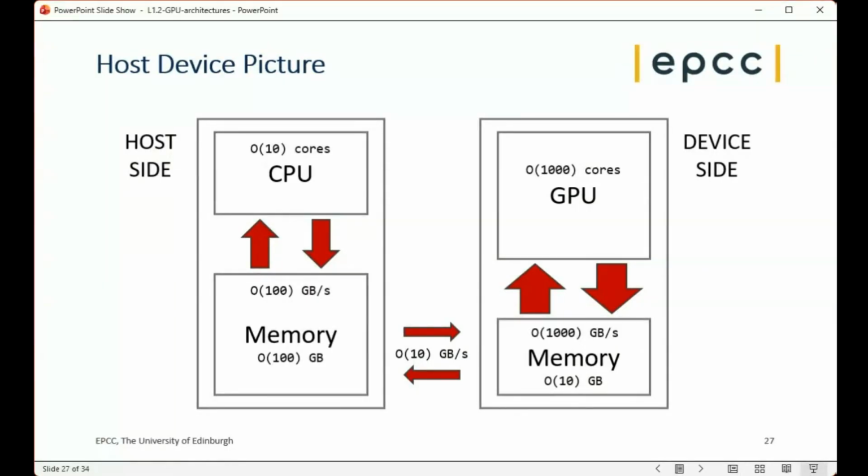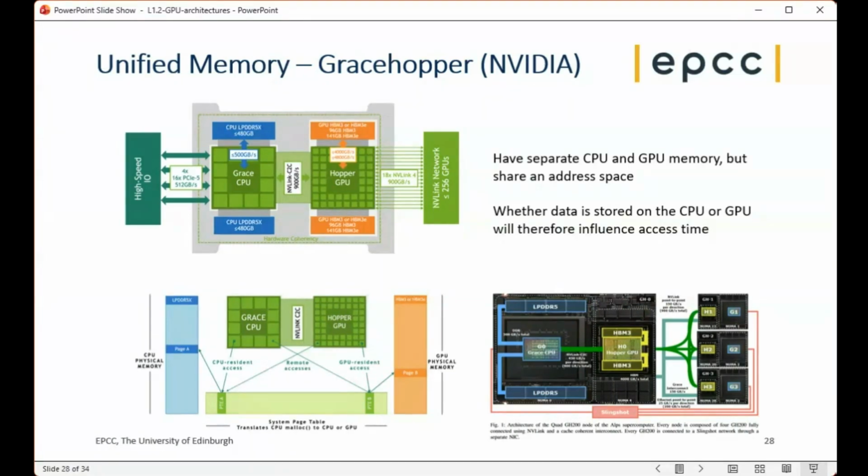Now, modern advances in hardware are improving that picture. The CPU and the GPU are becoming more integrated, and that data transfer is becoming less of an overhead, less of a bottleneck. There are a few diagrams here which are rather specific about modern hardware. People are now moving towards having unified memory, not such a distinction between the CPU and the GPU.